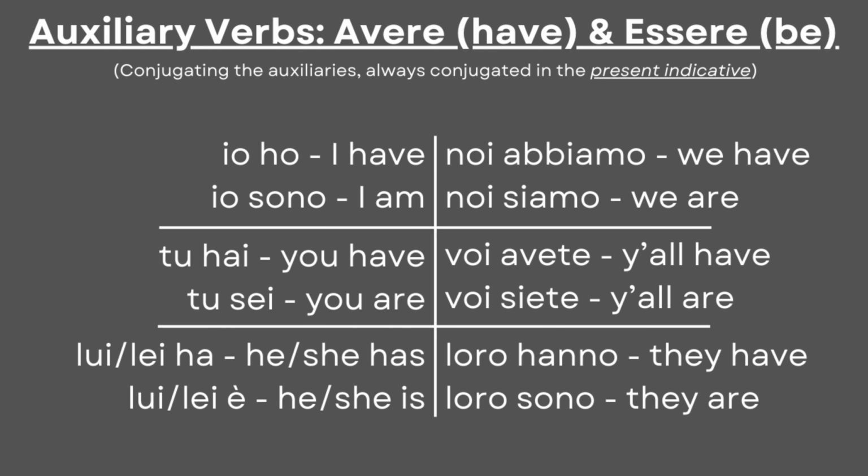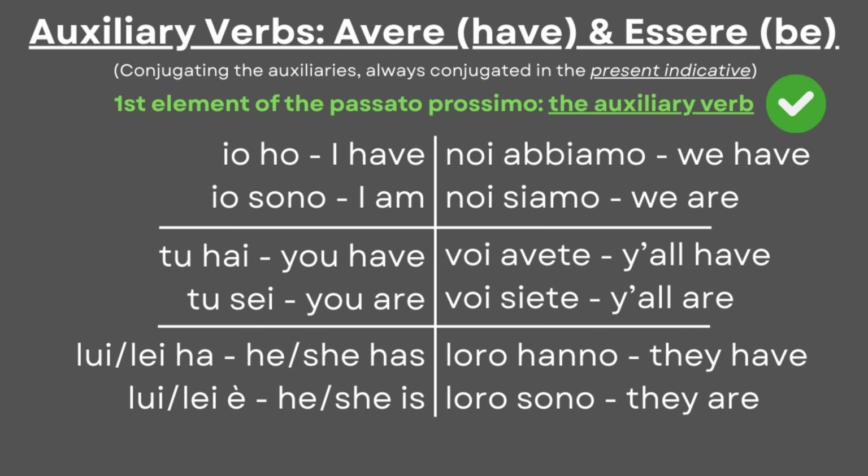Ho, hai, ha, abbiamo, avete, hanno, sono, sei, è, siamo, siete, sono. As always, we don't need to say the subject pronouns, because the conjugations are sufficient. For now, we know the first element of the passato prossimo, the auxiliary verb.